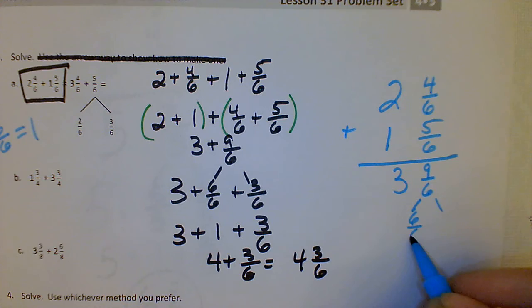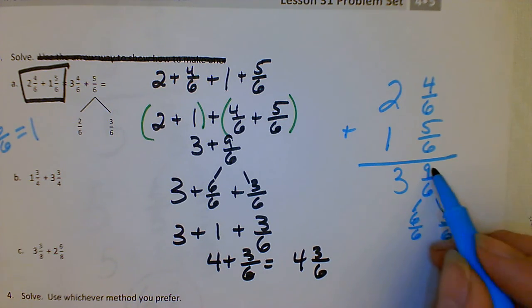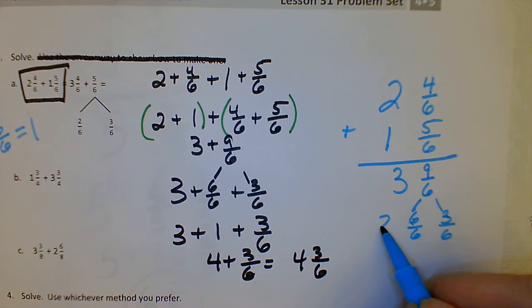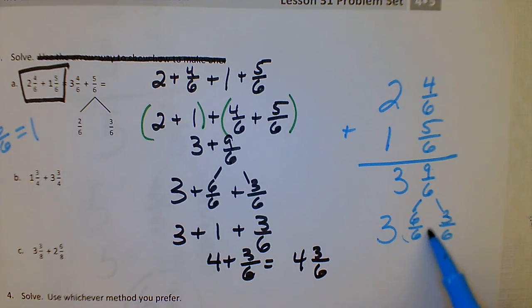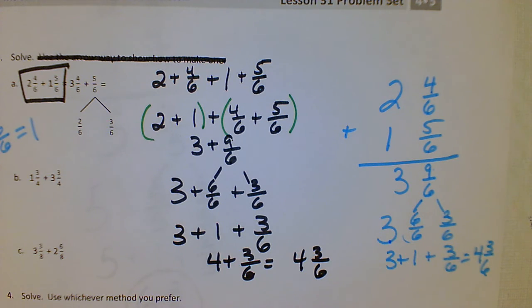So again, I'm going to pull out groups of 6/6. I'm left with 3/6, because 6 and 3 is 9, and I'm going to keep that 3. So now again, this becomes a 1, so I have 3 plus 1 plus 3/6, which is again going to be equal to 4 and 3/6. Okay, so you have different ways of doing this.